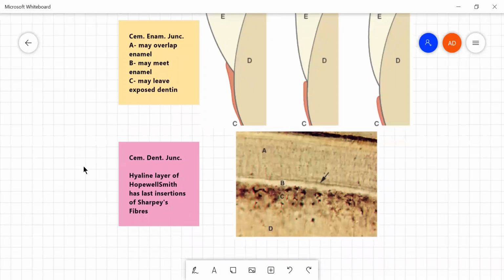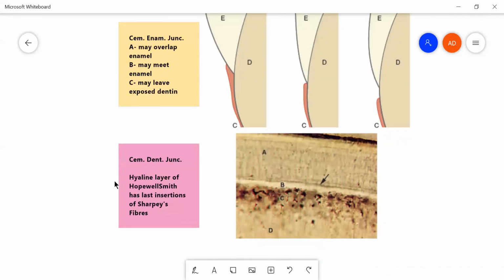Now, at the cemento-dental junction, the cementum meets the hyaline layer of Hopewell-Smith, which has the last ends of the Sharpey's fibers inserted into it, forming a junction, providing attachment.